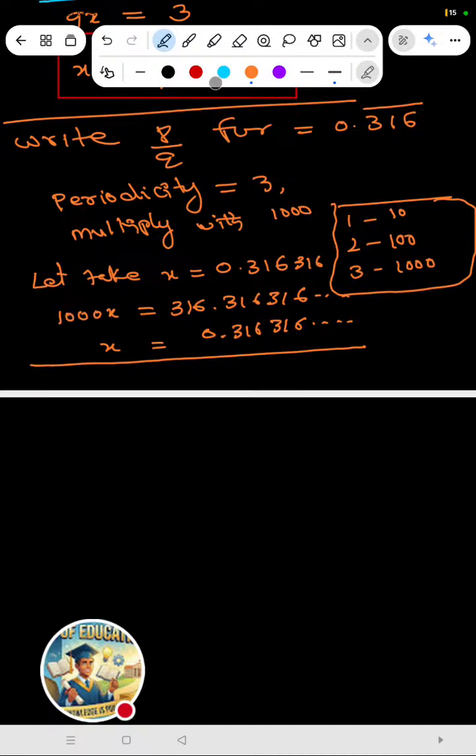Now do the subtraction. 1000x minus x is 999x.